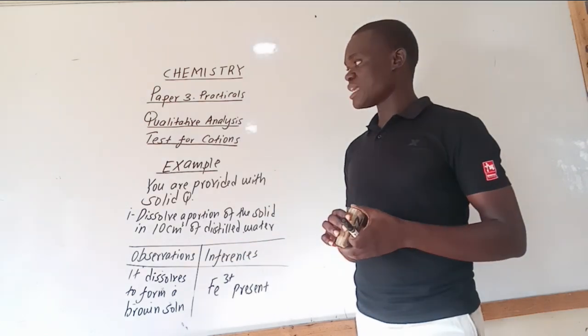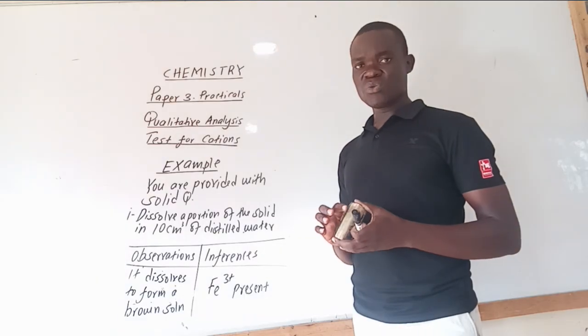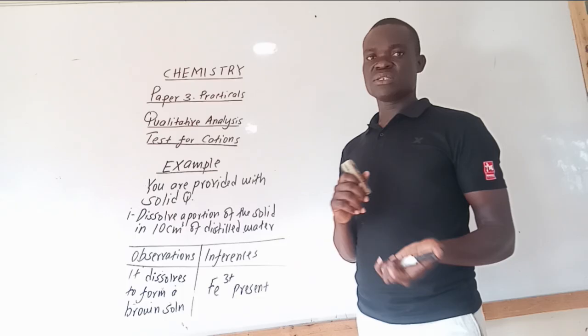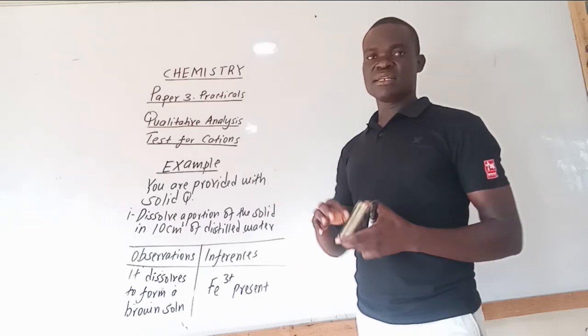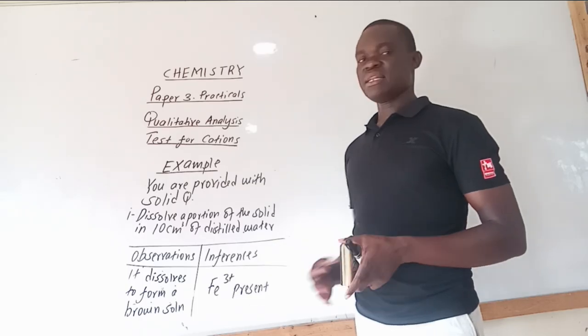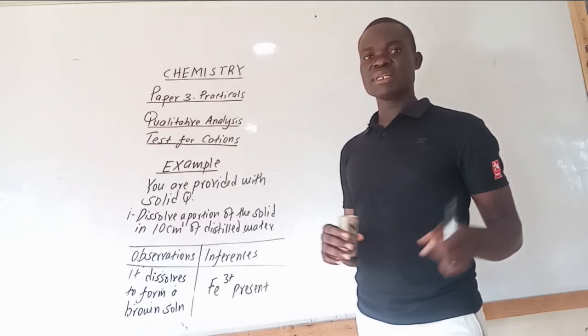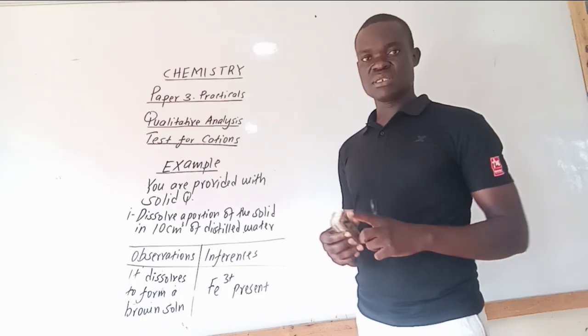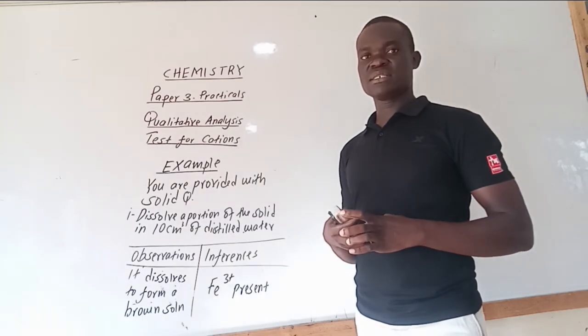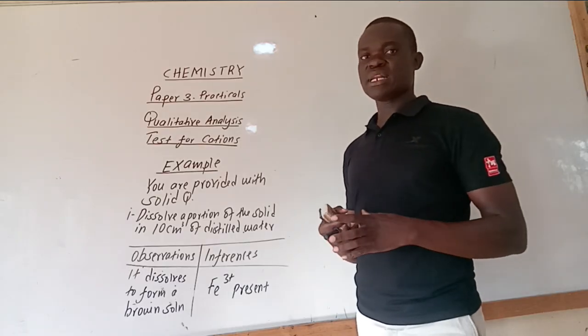If you are testing an organic compound and you dissolve a solid that forms a colorless solution, we don't talk about colored ions, because with organic compounds we are allowed to state whether the solid is polar or non-polar.